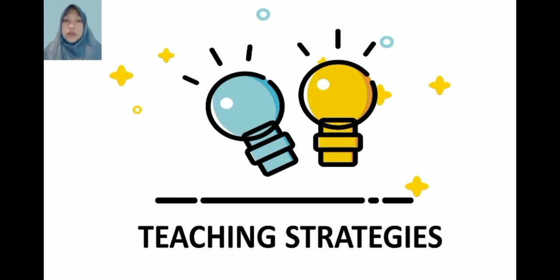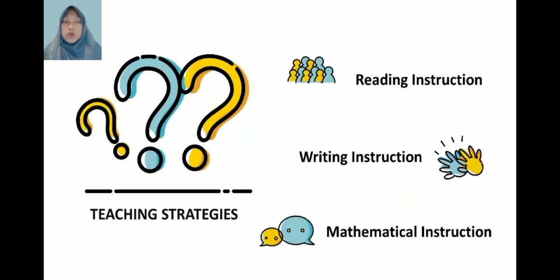It is generally recognized that teaching strategies are multidimensional and their effectiveness depends on the context in which they are applied. Now, let's jump to the teaching strategies in inclusive education for learners with difficulty remembering and focusing. We have three teaching strategies: reading instruction, writing instruction, and mathematical instruction.